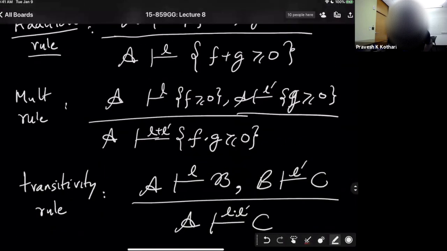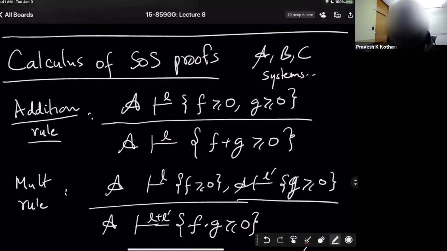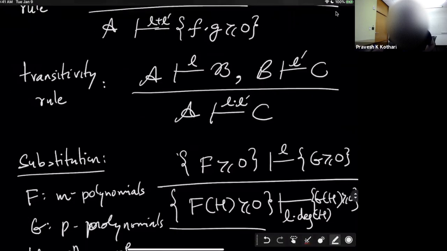Good. So I guess you could build more rules, but these four are more or less enough to do a whole lot. And you'll see that we are going to use them repeatedly in the classes to come. Good. So we know how to combine basic SOS proofs now.